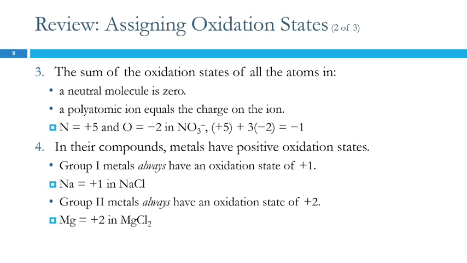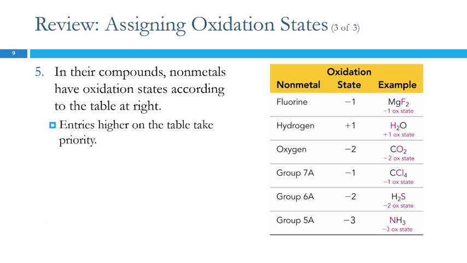What's the charge of a group 1 metal ion? +1. Group 2 metal ions always have an oxidation state of +2, which is the same as their charge, right? So this is the one part where we really need the rules and the idea of oxidation states.